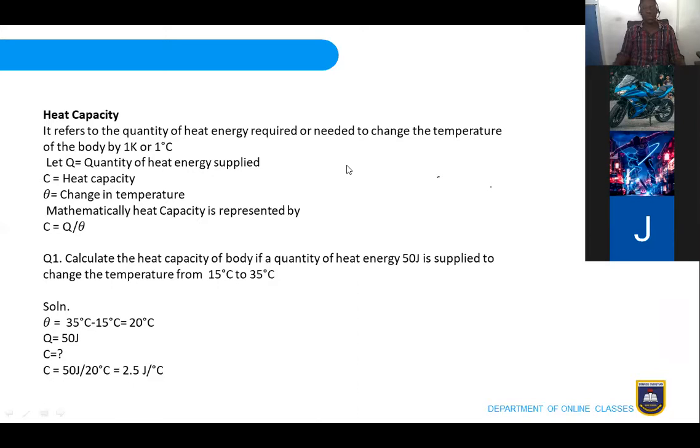So if you compare these two, capacity means the amount that a body can take. So when we talk about heat capacity, it refers to the quantity of heat energy required to change the temperature of a body by 1 Kelvin or 1 degree Celsius.